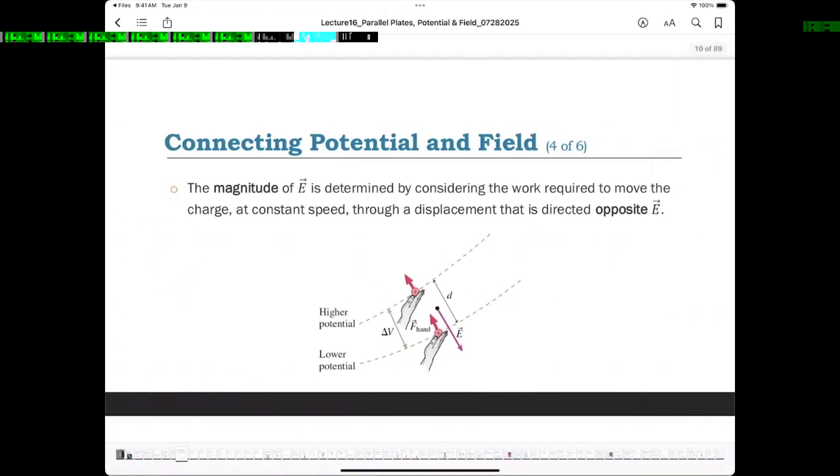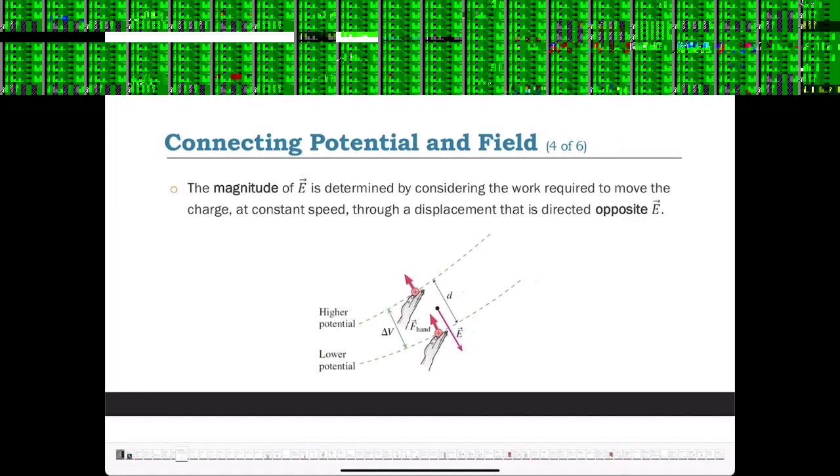Let's continue to talk about the magnitude of E, the electric field. The magnitude of the electric field is determined by considering the work required to move the charge at a constant speed through a displacement directed opposite the electric field.